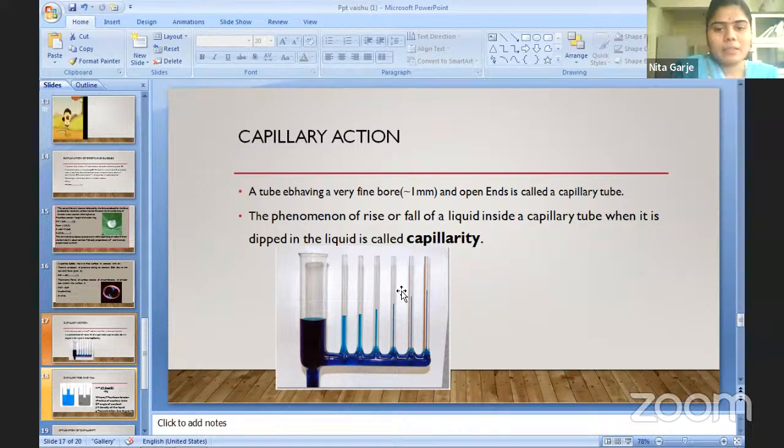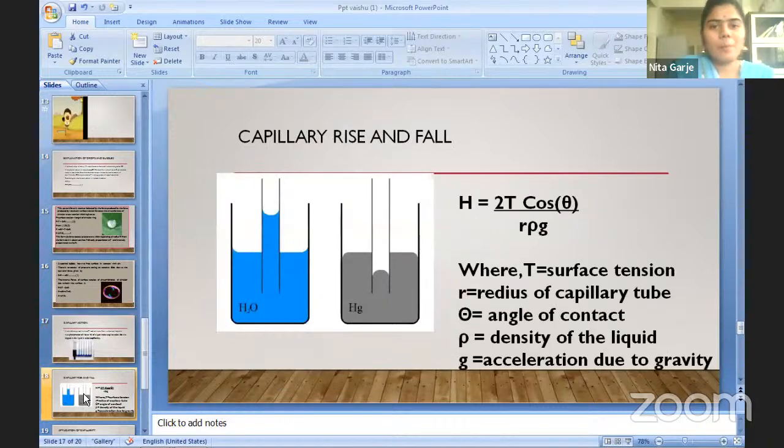Okay, that is capillary action. The next one is capillary rise and fall. When we have one container and dip the capillary tube in it, we have the water. Then we see the capillary action here.